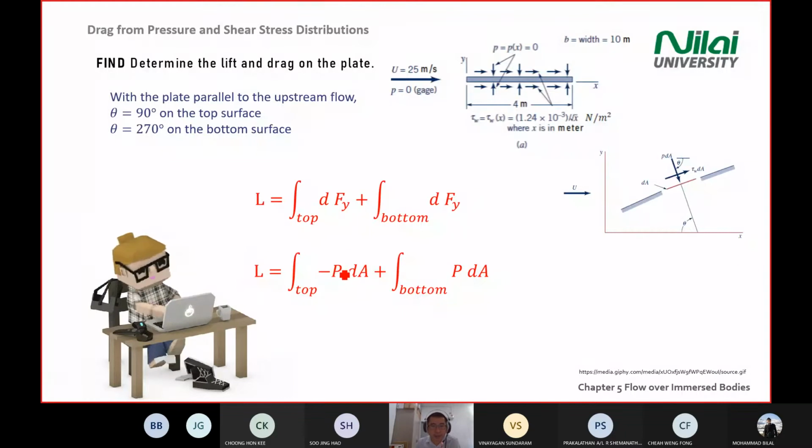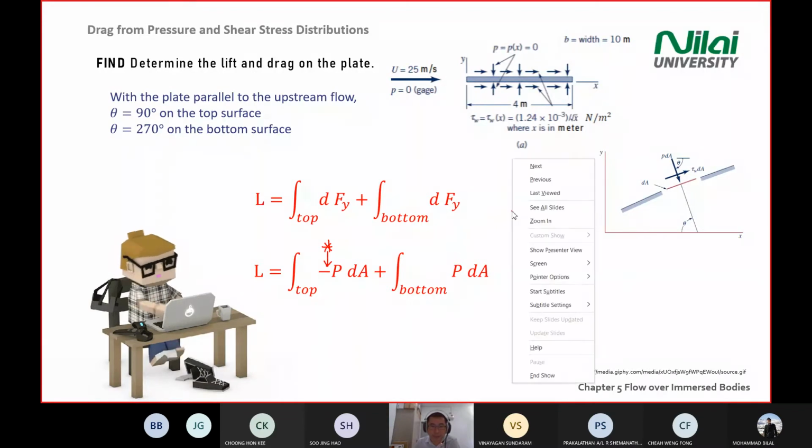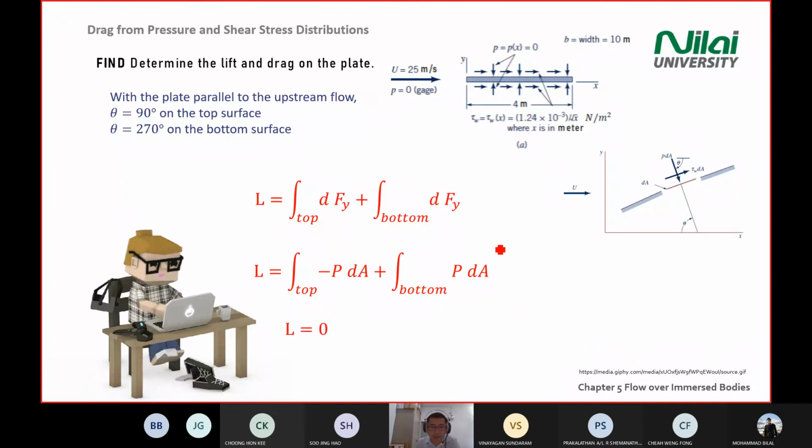So you only have one, and you have negative because it's pointing down. The force is pointing down, negative. So be careful on the sign when you do your analysis. P is pointing down. And for the bottom one, your pressure is pointing up, so it's a positive component. Because we know that the pressure component is the same, you have a negative plus positive.